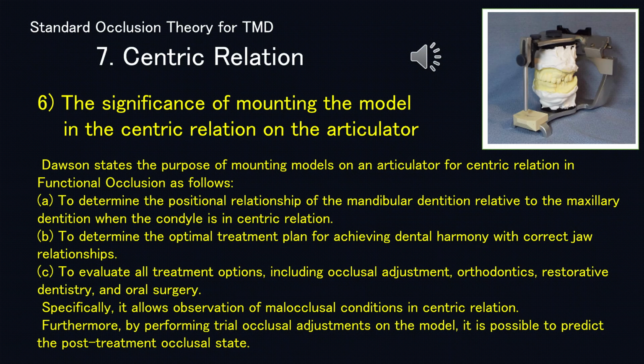B. To determine the optimal treatment plan for achieving dental harmony with correct jaw relationships. C. To evaluate all treatment options, including occlusal adjustment, orthodontics, restorative dentistry, and oral surgery.